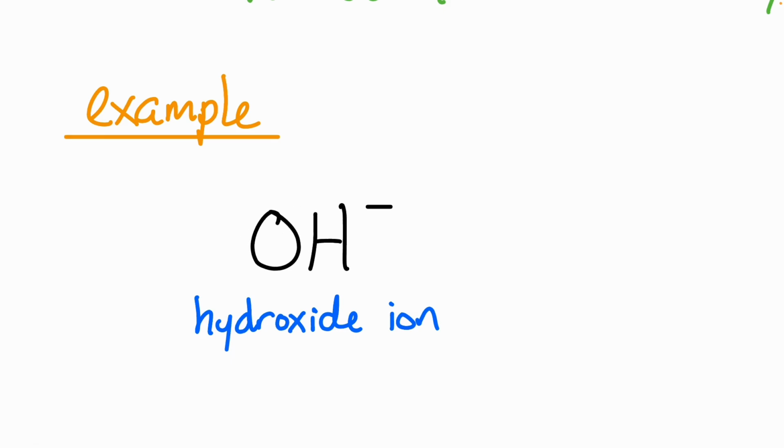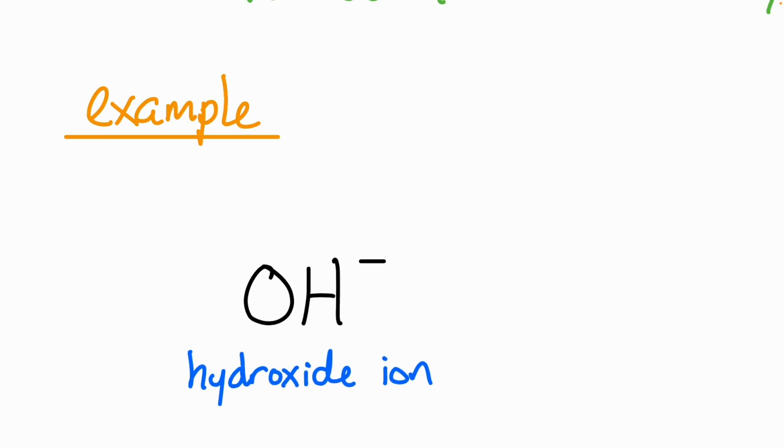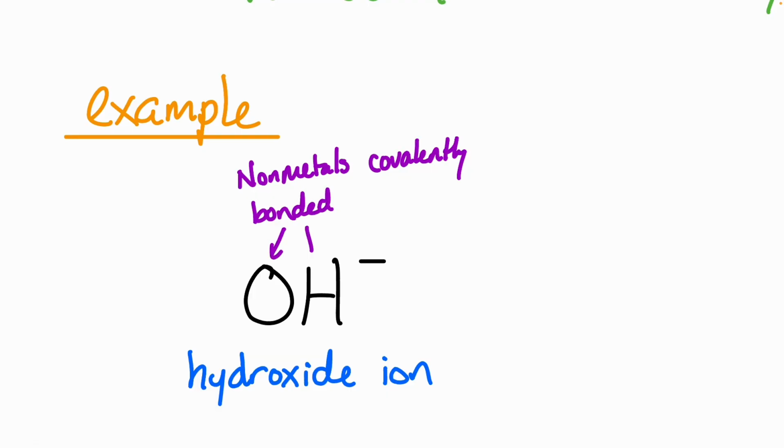All right, but importantly, our features here of our polyatomic ions, again, we have nonmetals covalently bonded, and we have this net charge associated with it.